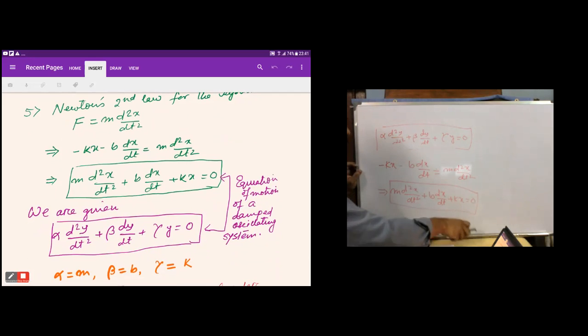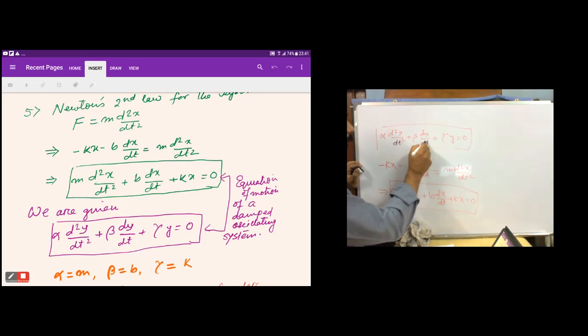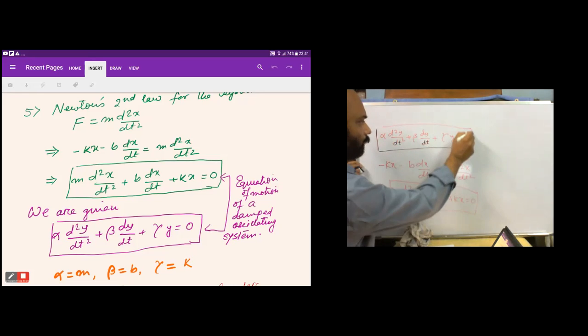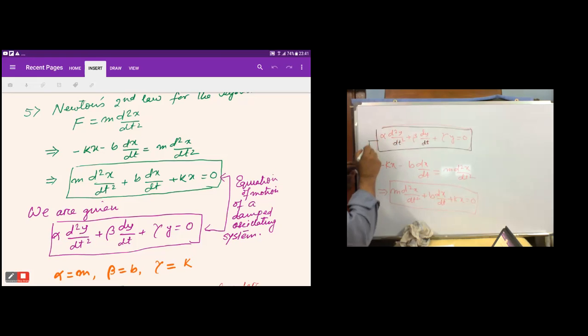And we are given alpha d2y by dt square plus beta dy by dt plus gamma y is equal to 0. These two equations tell us the same story. The given one describes the motion of a damped system, and we also know the motion of a damped system is m d2x by dt square plus b dx by dt plus kx equal to 0.